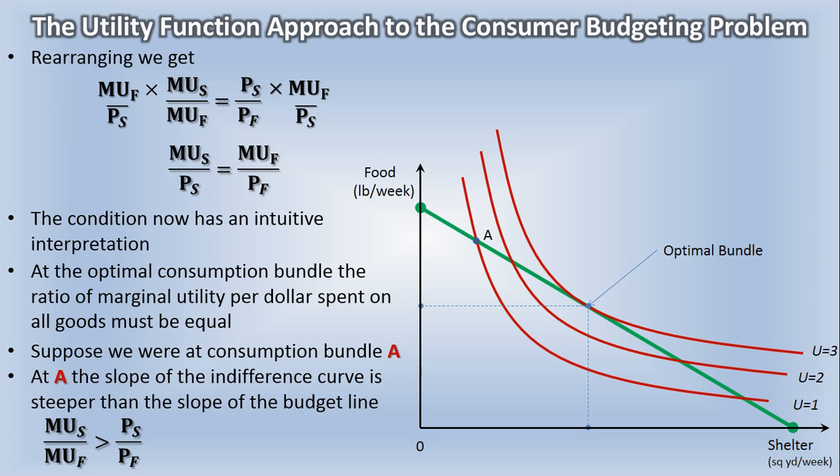Again, if we move this around, we see that the marginal utility per dollar spent on shelter is greater than the marginal utility per dollar spent on food at this consumption bundle. So spending $1 on shelter makes her happier per dollar than spending $1 on food. Therefore, it makes sense to spend more money on shelter and less money on food, right? That gets her away from this consumption bundle.